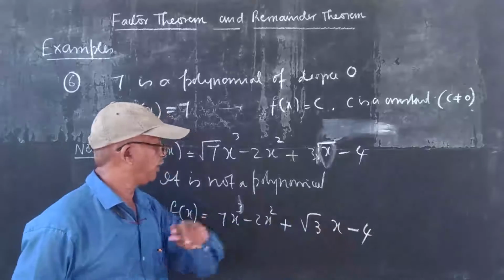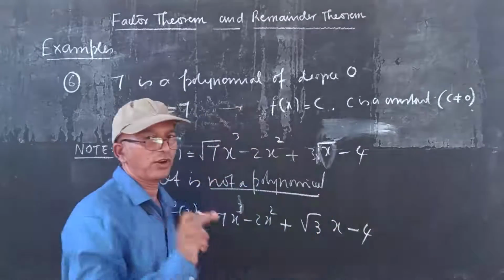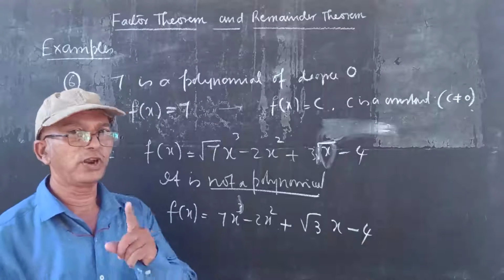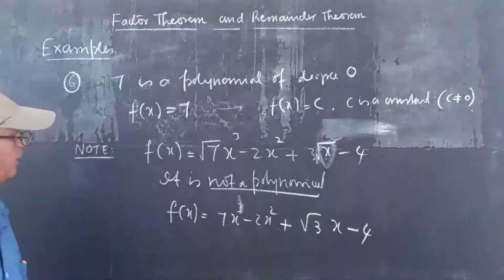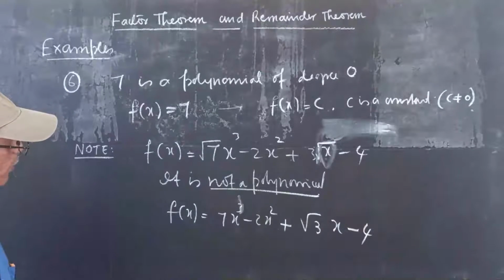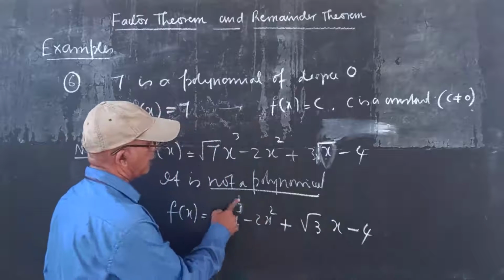So it is a polynomial. So when you are deciding whether it is a polynomial or not, care should be given to the variable. This variable is most important. So this is a polynomial in x of degree 3.